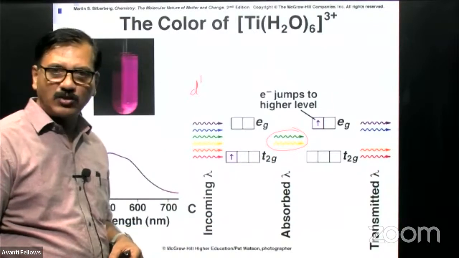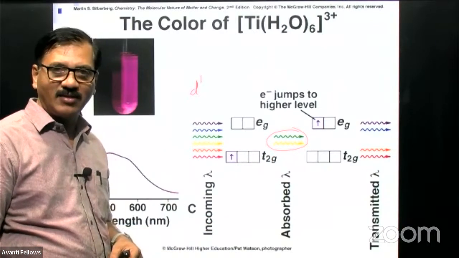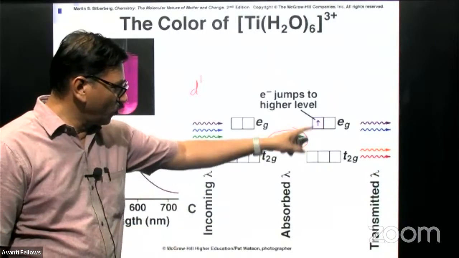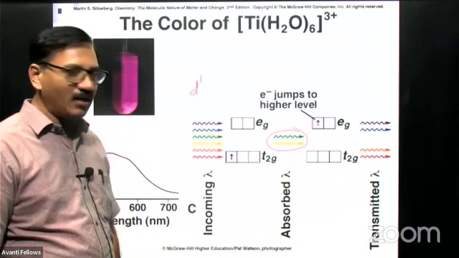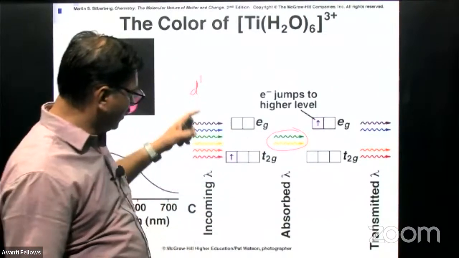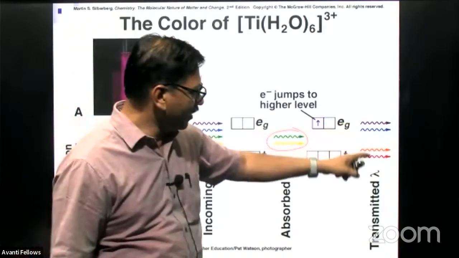By absorbing these 2 wavelengths, that energy is enough to make the electron go to the eg level, and the other colors are left as they are.